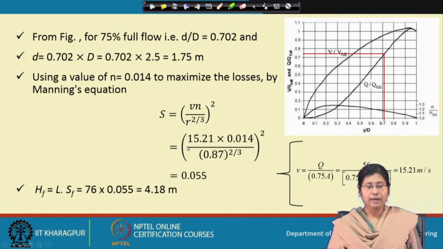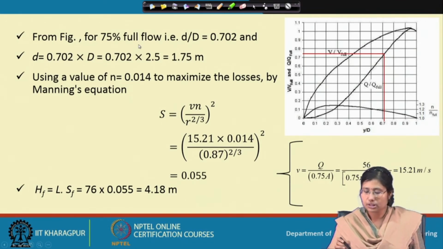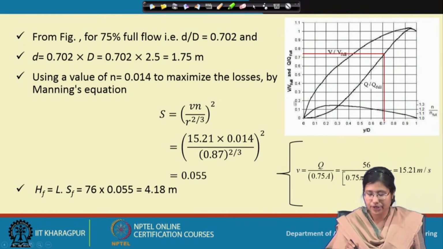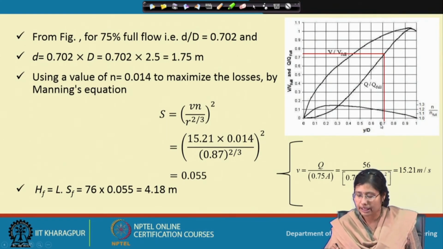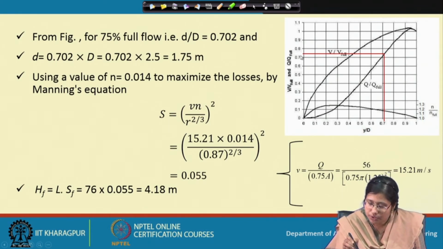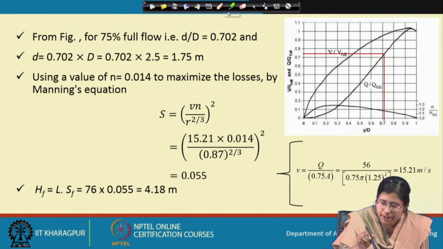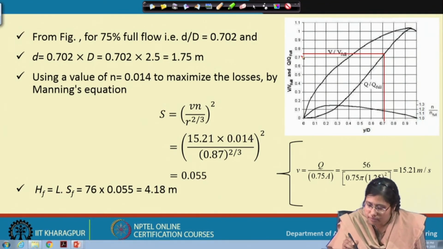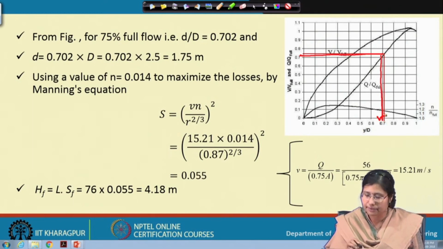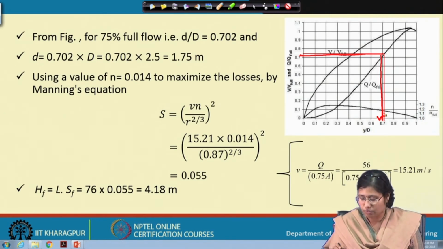Now, since the pipe is 75% full, from this graph, this is the ratio between V and V full for different depths. So, for 75% full, you can take the point here, and here. Corresponding Q by Q0 is around 0.70.